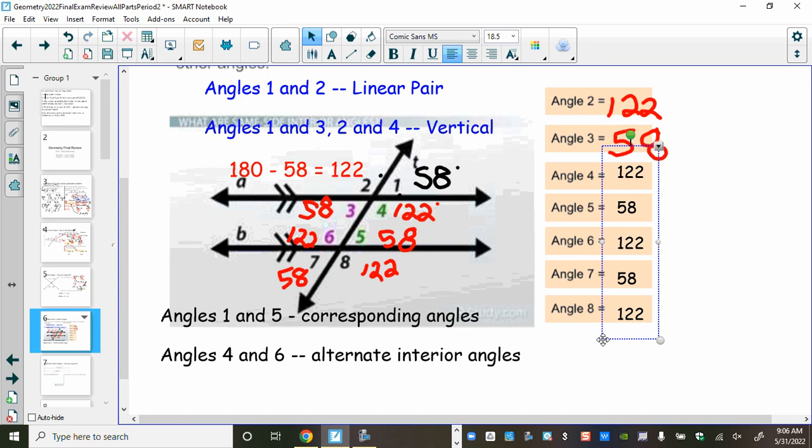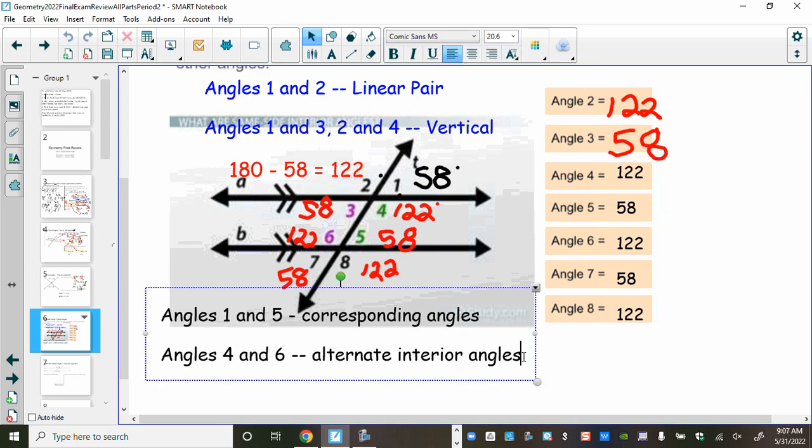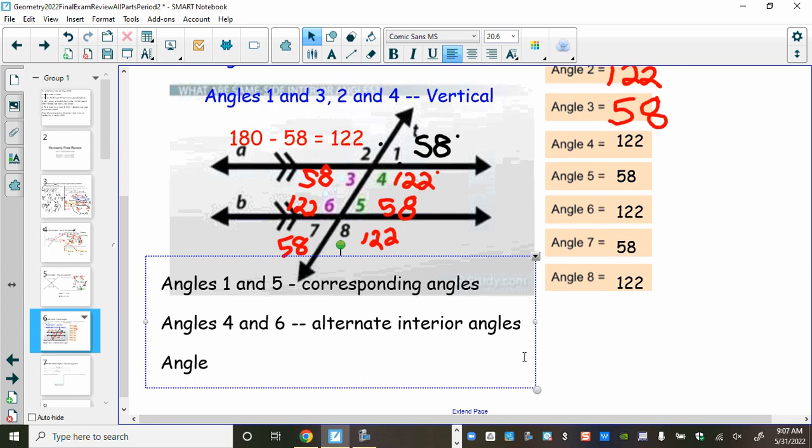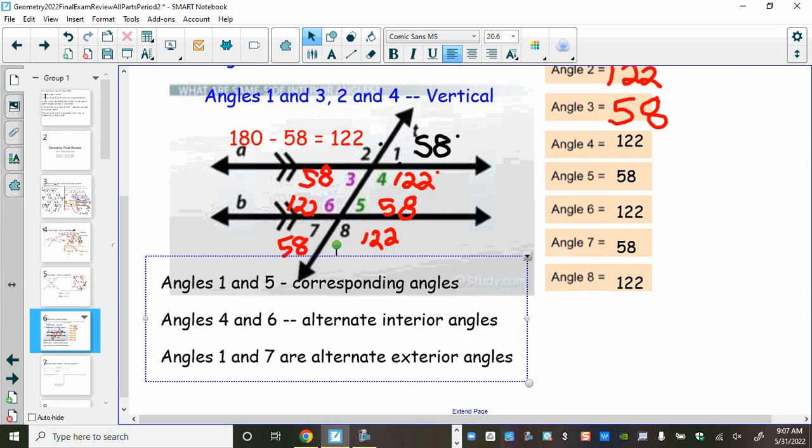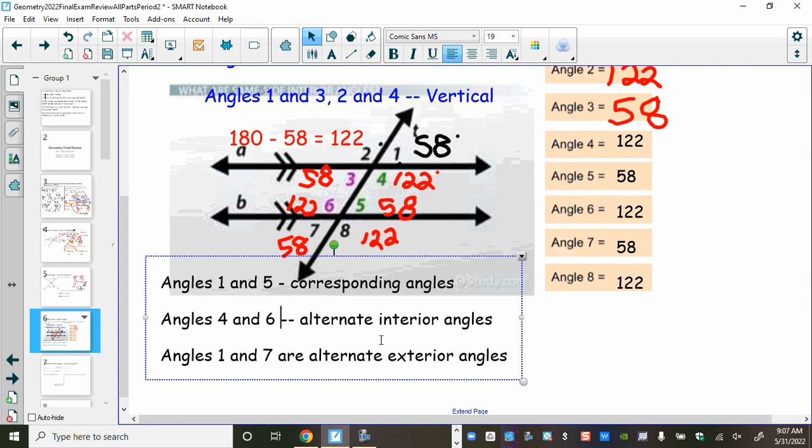Another reason could have been angle 1 and 7 are alternate exterior angles because they're outside. 1 and 7 are outside the parallel lines. 3 and 5 were interior. 2 and 8 exterior.